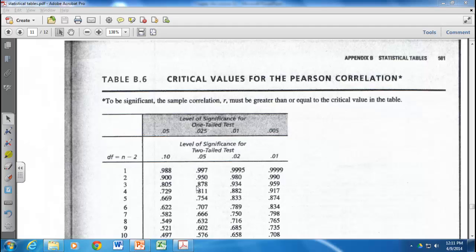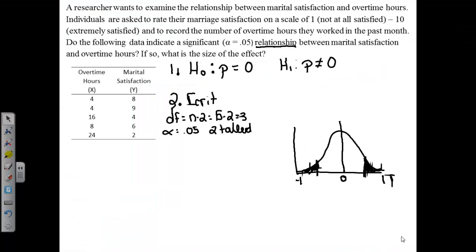I'm looking at 0.878. Two-tailed test, 0.05 alpha level, degrees of freedom 3, 0.878. Not just 0.878, but positive or negative 0.878.